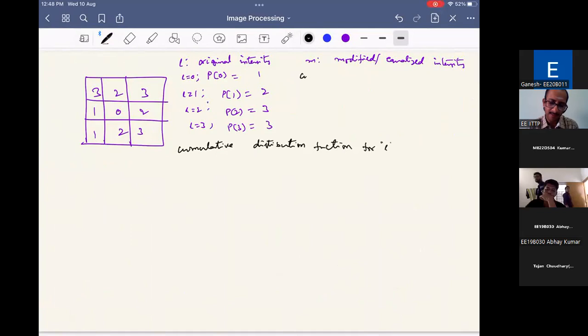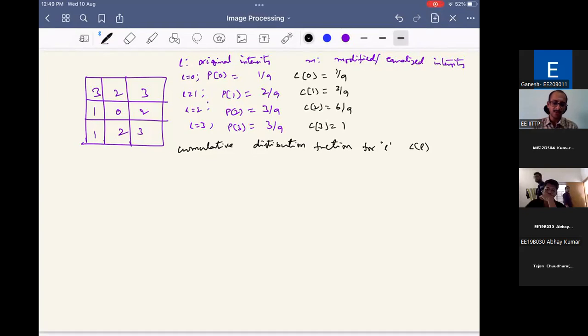If we consider it as C of l, then C of 0 is how much? C of 1? I suggest you quickly tell the values. C of 0 is 1 by 9. C of 1 is 3 by 9. C of 2 is 6 by 9. C of 3 is anyway 1.